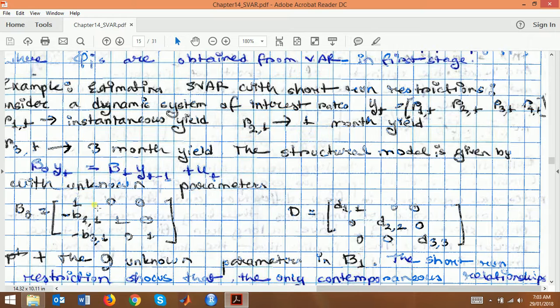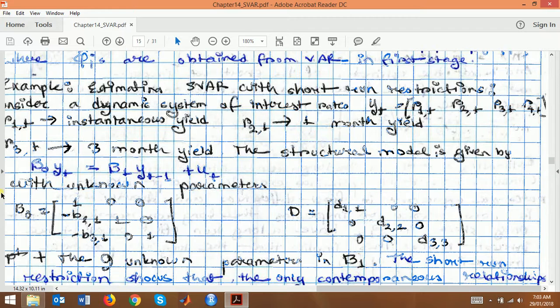So for R1 we have 1 0 0. R2 will be affected by the lags of its earlier variable.